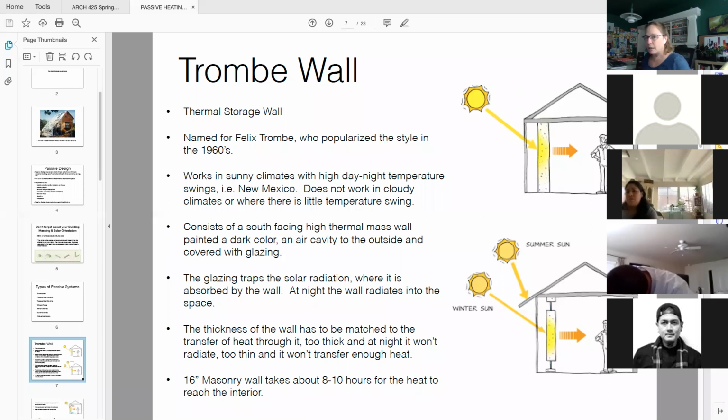So there's no set number of wall thickness to use. It's going to depend on what material you're using. Rocks, concrete, water. For example, or CMU masonry, for example, a 16-inch CMU masonry wall takes about 8 to 10 hours for the heat to reach the interior. So if you've got direct gain shining on your CMU wall that's 16 inches thick, it's going to take 8 to 10 hours for that heat to transfer all the way to the other side.